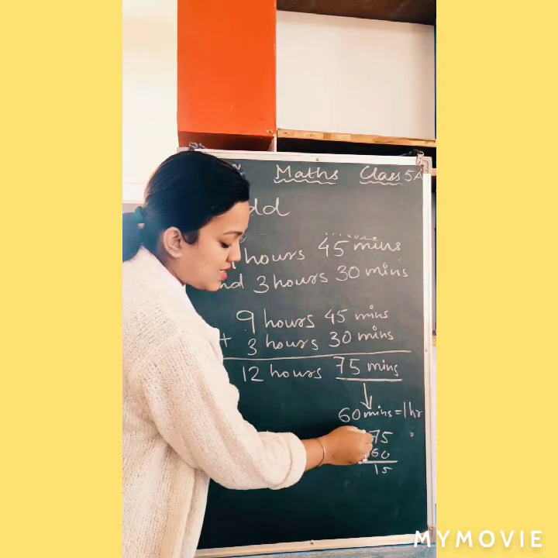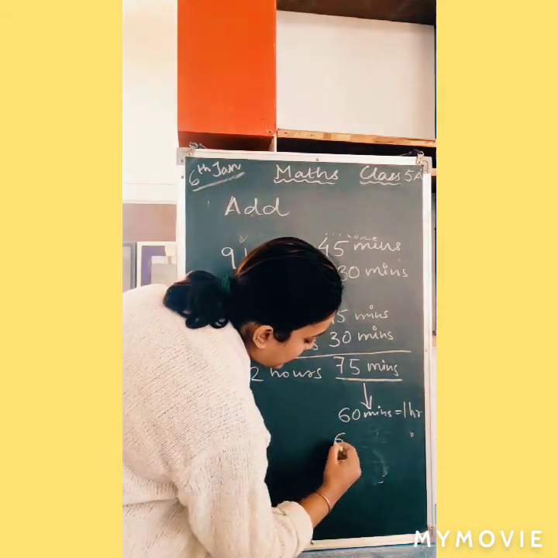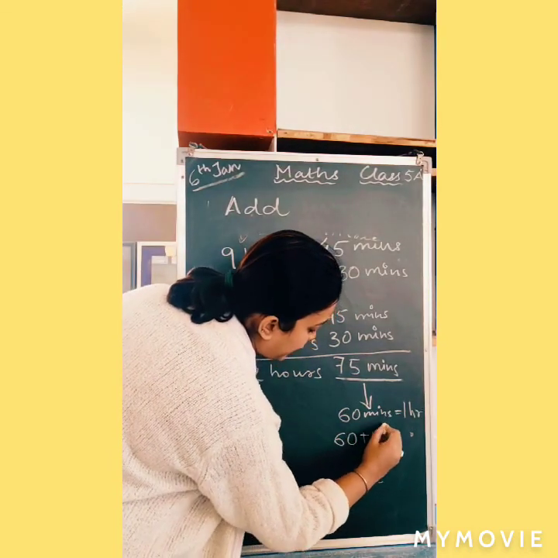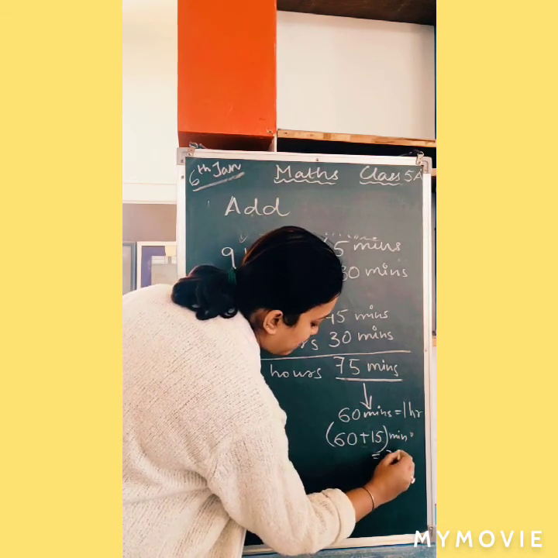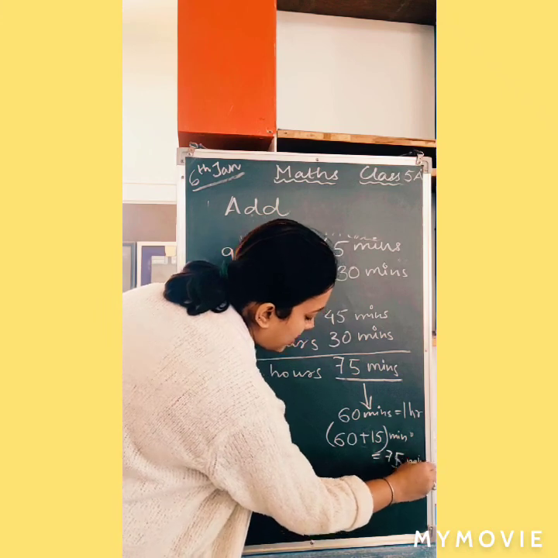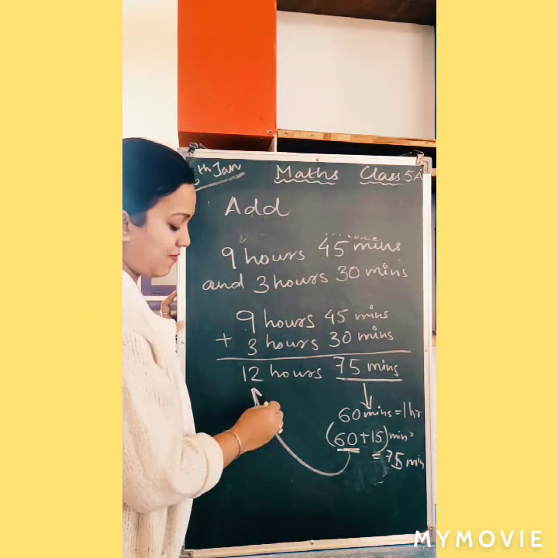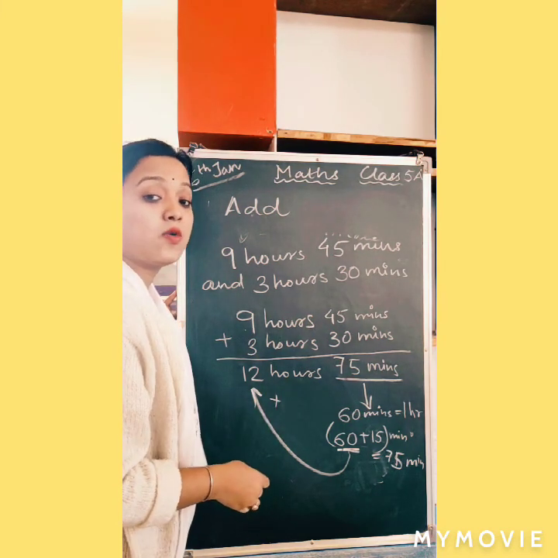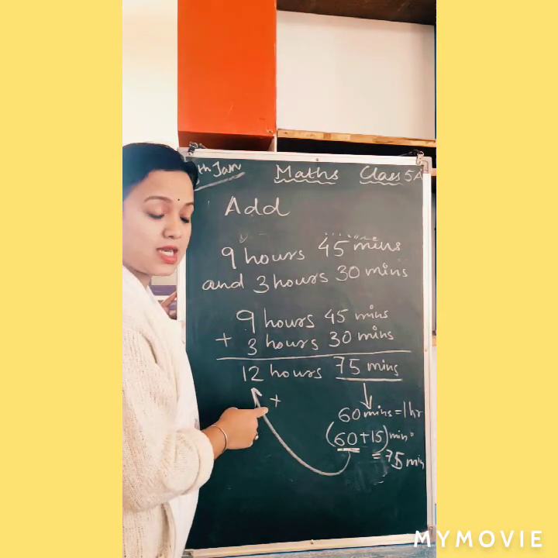So 60 plus 15 minutes is giving you 75 minutes. Yes or no? So these 60 minutes I am going to add up with 12, because 1 hour is equal to 60 minutes.